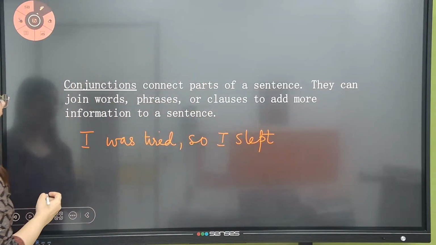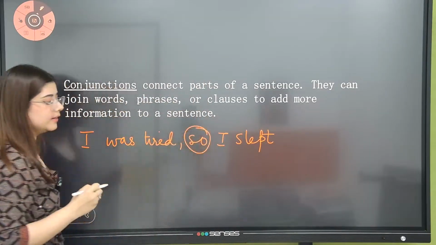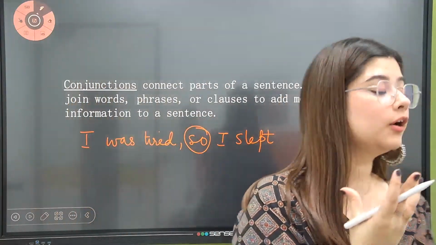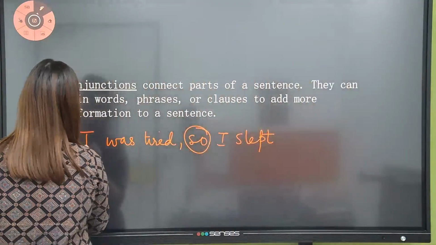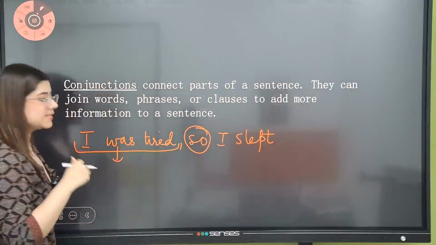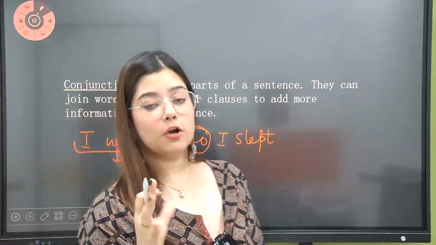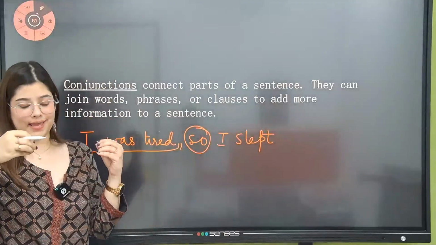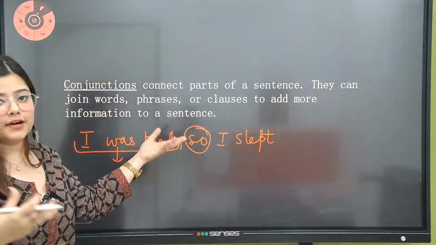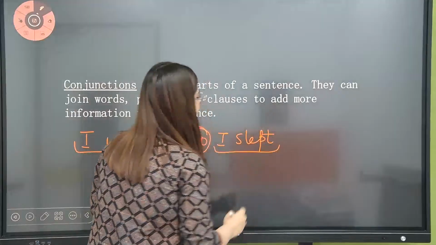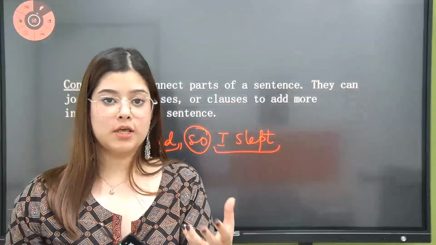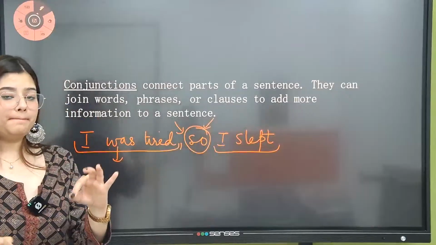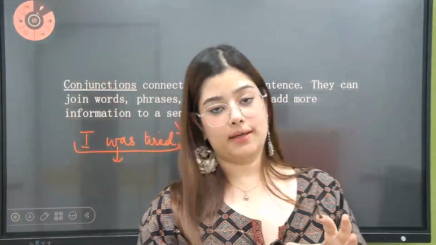Now here, so is a coordinating conjunction, and coordinating conjunctions link two independent clauses. So I was tired is an independent clause in itself. It does not need any additional sentence to make perfect sense. I slept again is an independent clause. So a conjunction that links two independent clauses would be a coordinating conjunction.